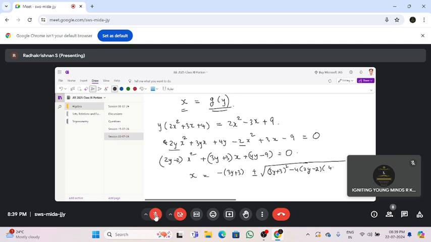Minus b plus or minus root of b square minus 4ac divided by 2a.